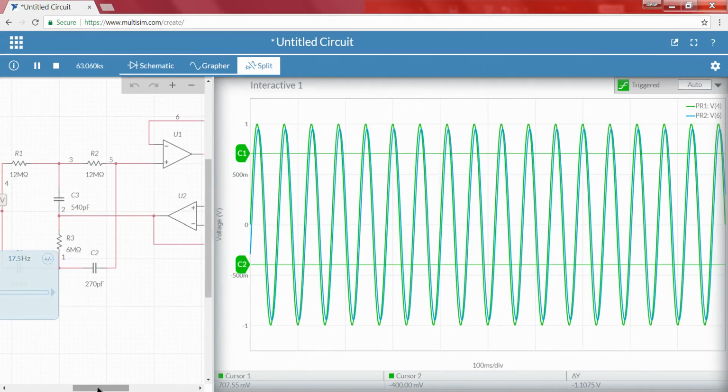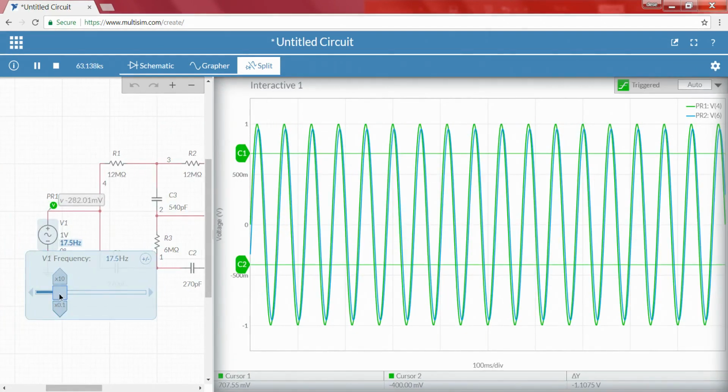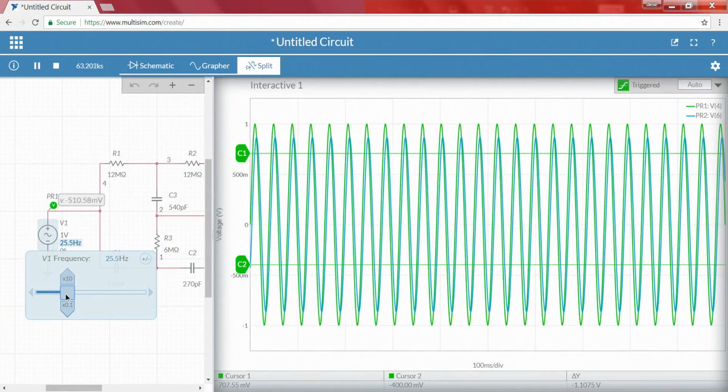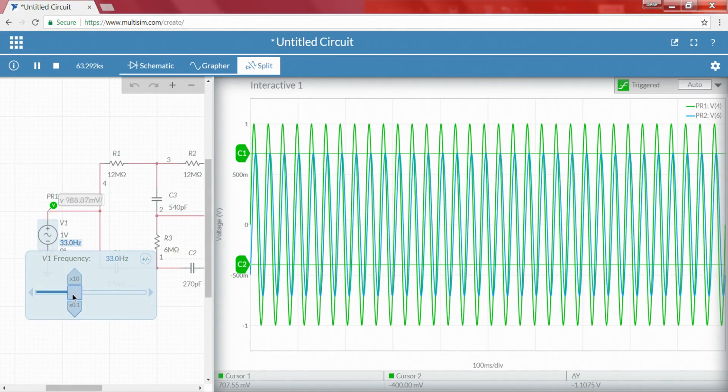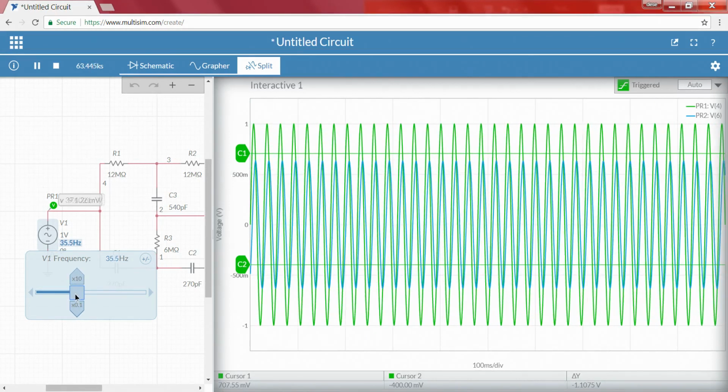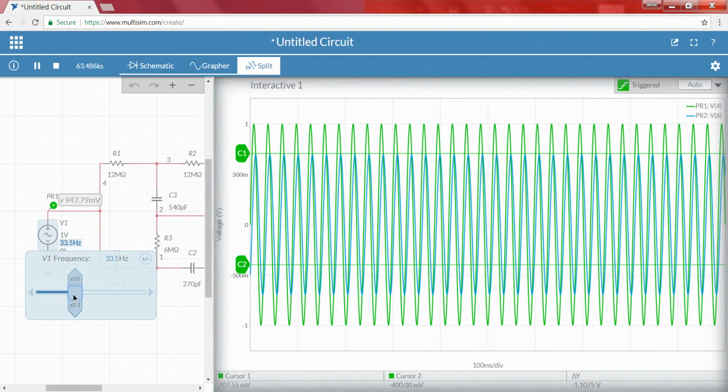Now, we will slowly change once again: 17, 25, 26, 30, 33. At this particular frequency, somewhere around 34, somewhere around 33.5, if you observe here, it is very close to our C1.